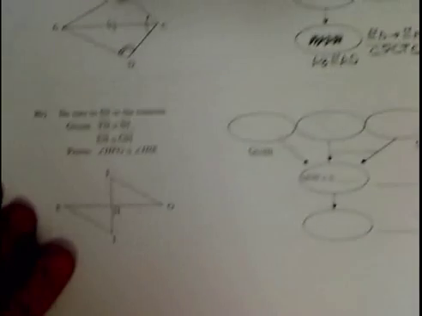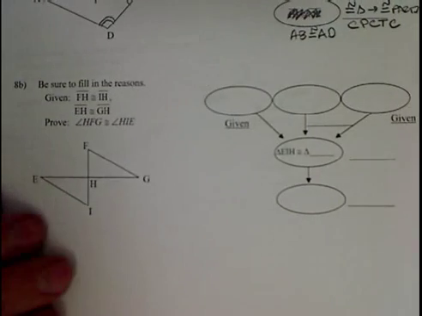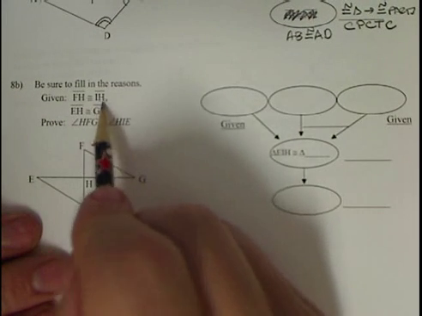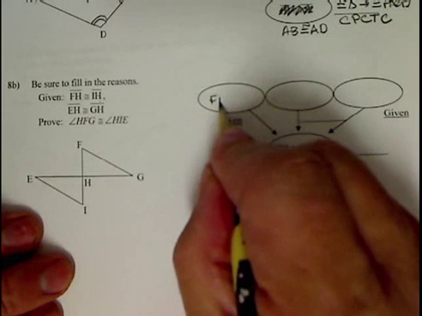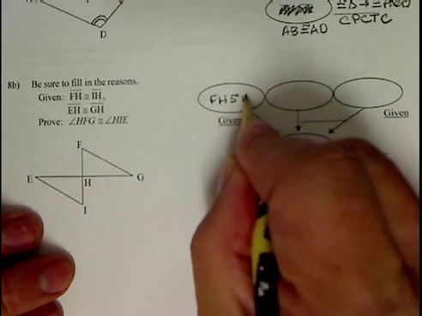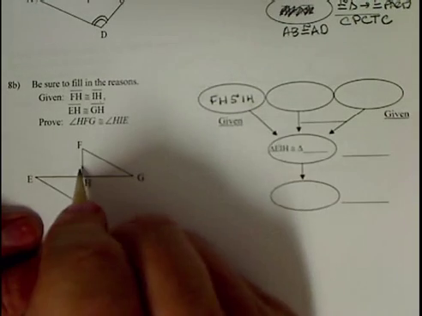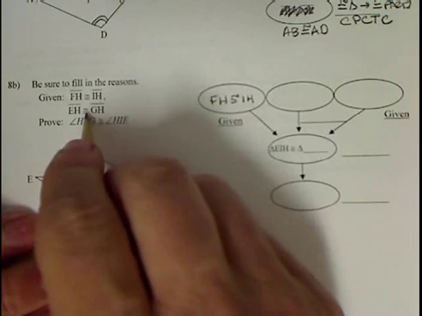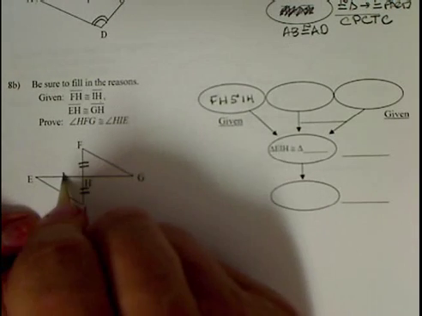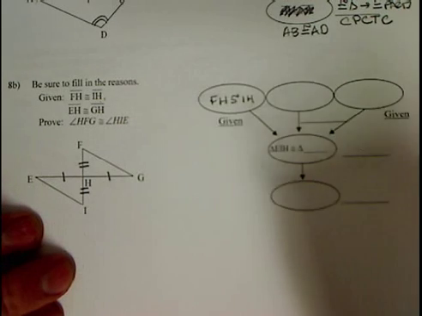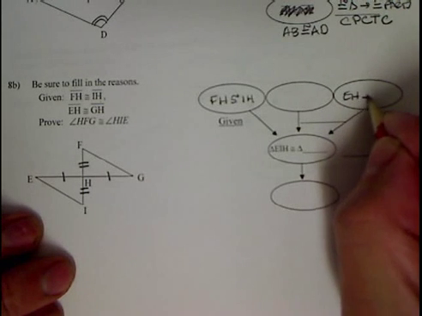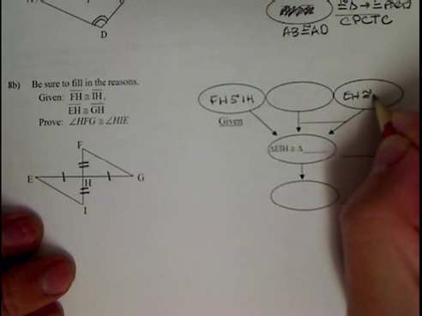Okay, let's look at this next one. We have FH is congruent to IH. EH is congruent to GH.